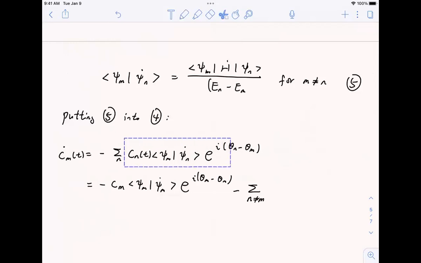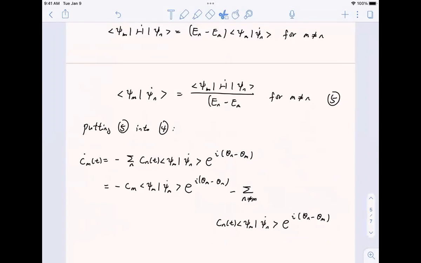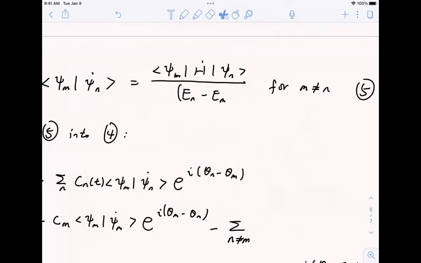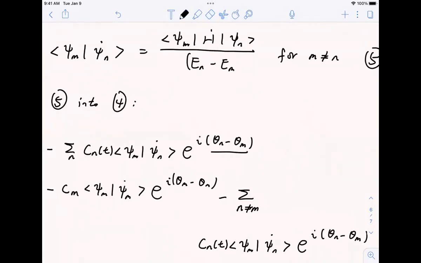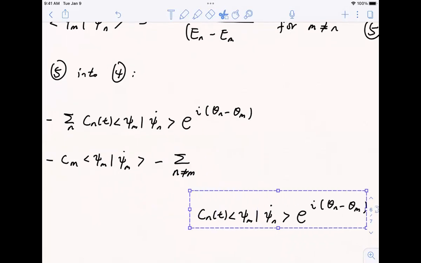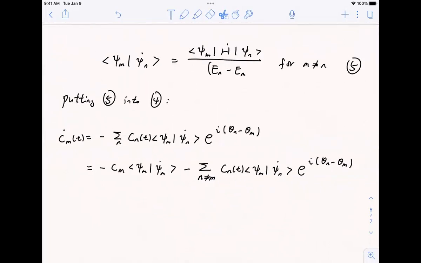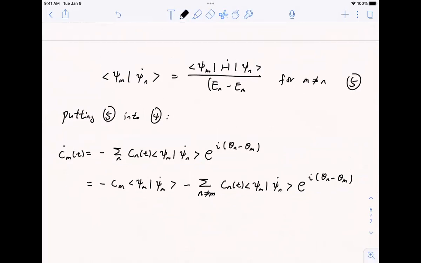For this term, we just copy this thing. When this is equal, this is 0, so we can actually delete this phase. This will save us some space. Then I'll put this here. Now we can use this result.